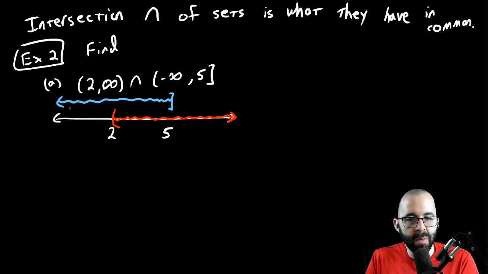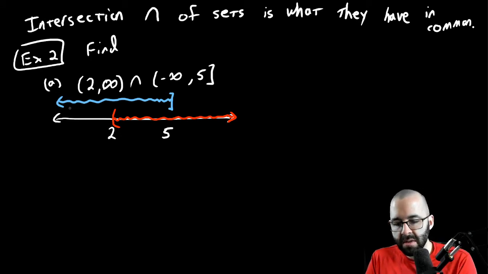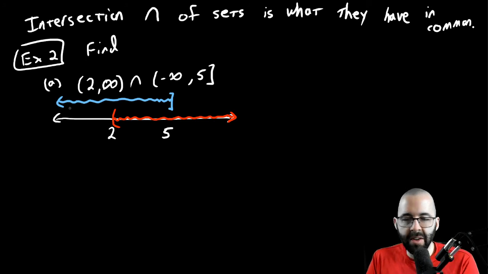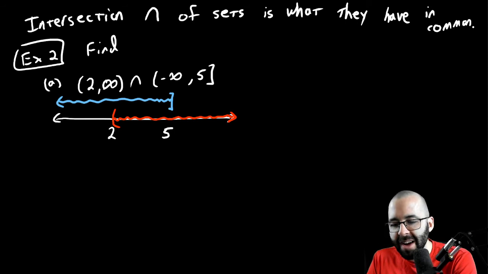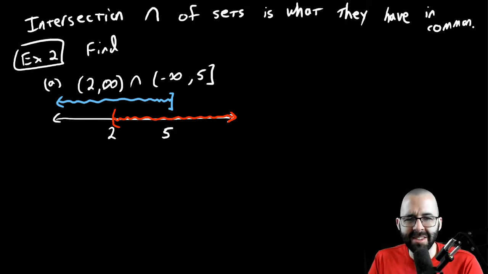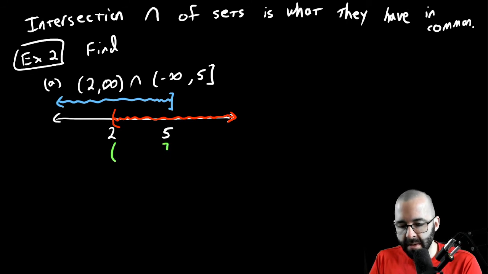What's the overlap between the red and the blue? Well, if we combine the red and the blue, red and blue is going to make green here, then their overlap is this interval. That's the intersection right here.